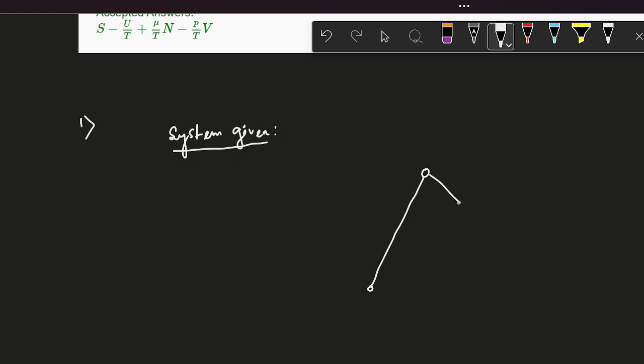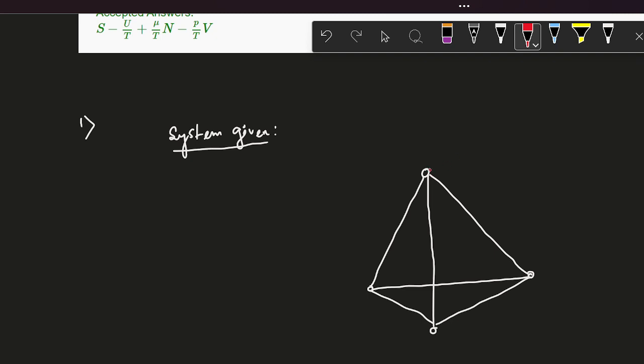So I hope you can get the idea of a tetrahedron, even if I am not drawing very accurately, because I am drawing by hand, so it might not be very accurate, but I hope you get the idea.